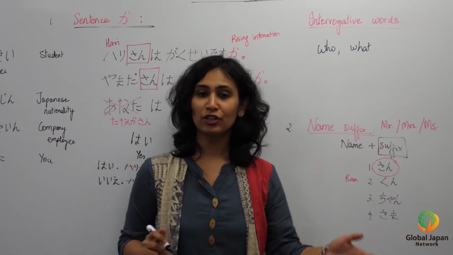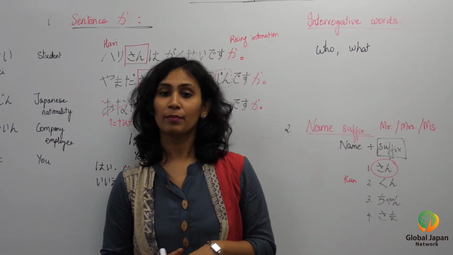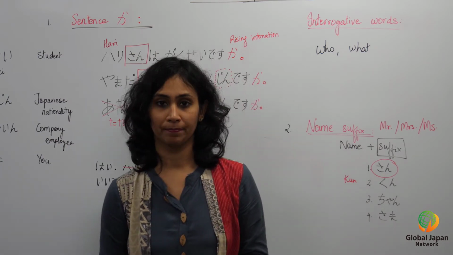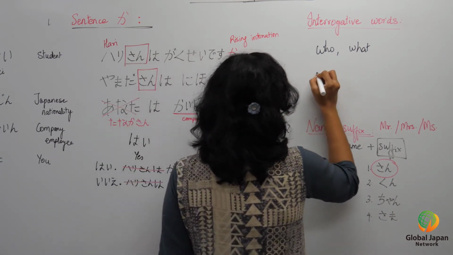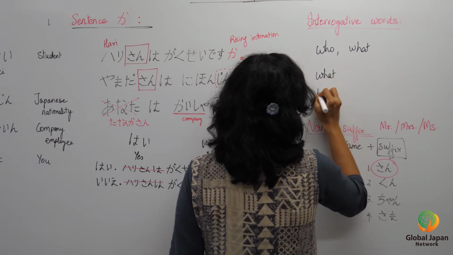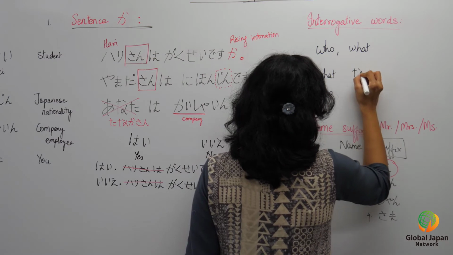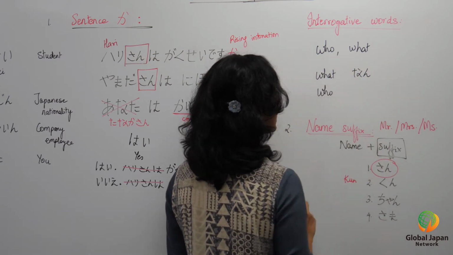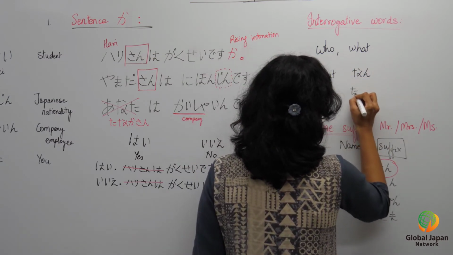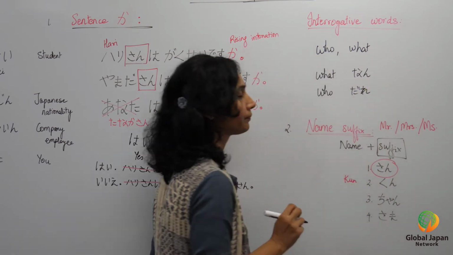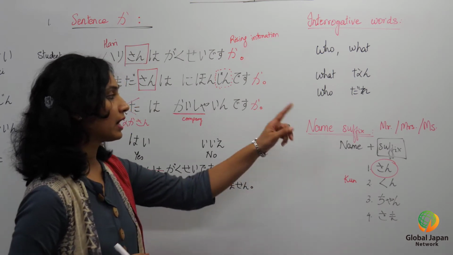There are many interrogative words in Japanese, but for now I would like to introduce just two words, and they are what and who. What is nani and who is dare.